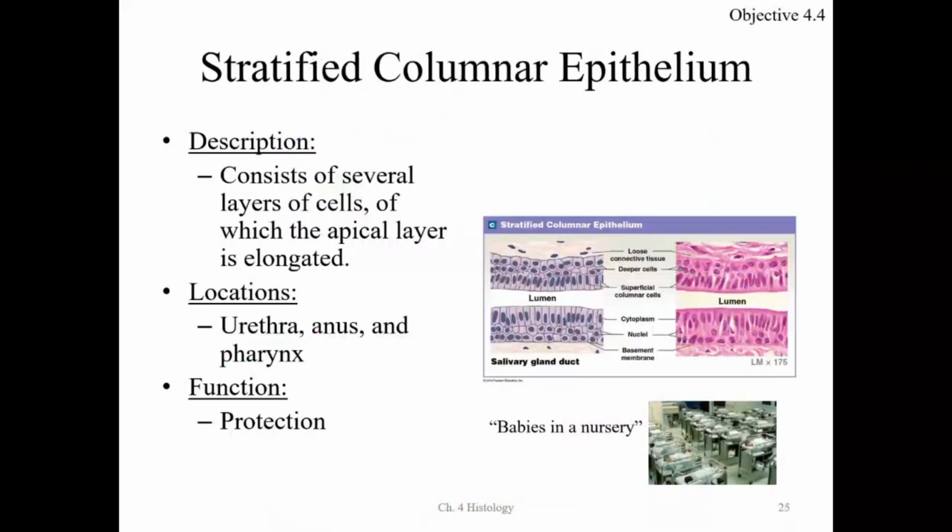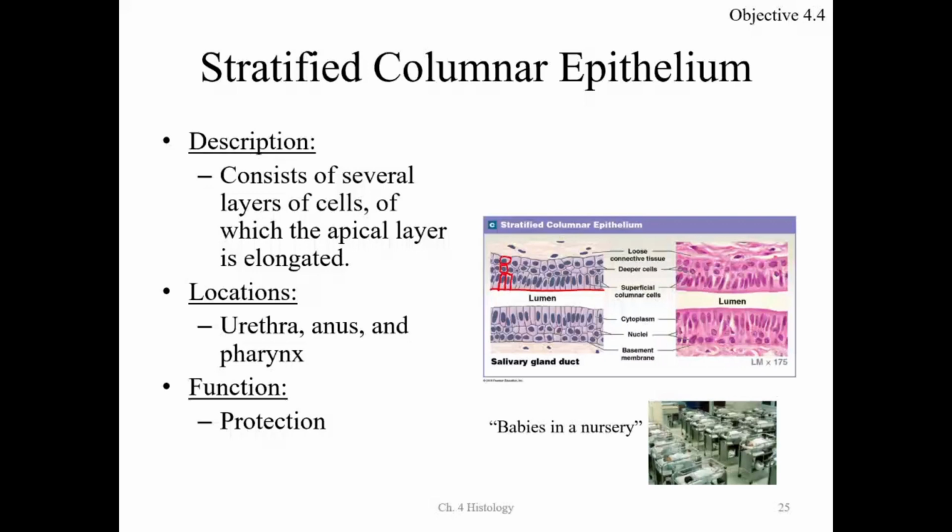All right. Now, stratified columnar epithelium, what you're going to see is multiple layers, but here we have our free surface. What you've got to look for is the cells at the free surface take on this shape. The cells beneath it are more boxy.